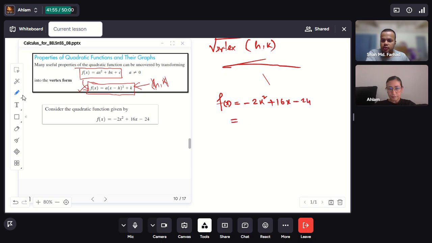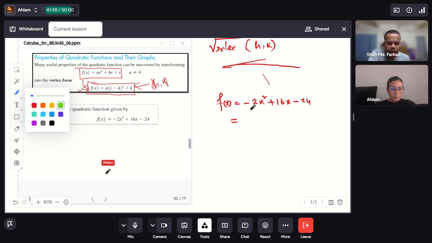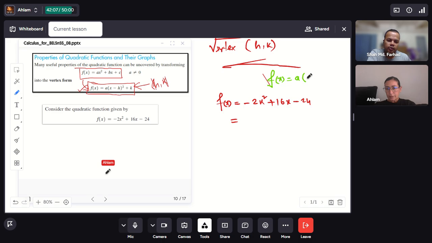Now, if we just calculate this one, we have to make it in the form f of x equals a times x minus h whole square plus k. We have to convert this into this form. Okay.